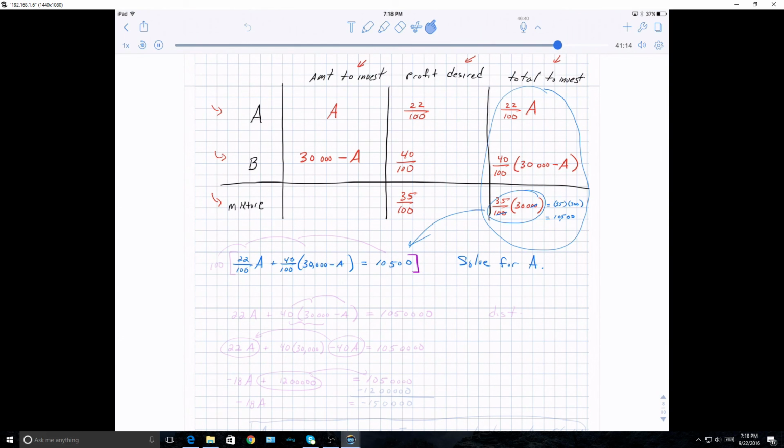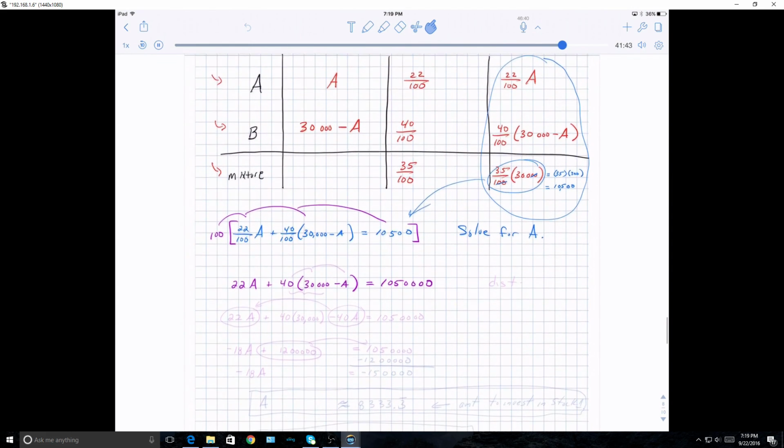So we could multiply this whole beast by 100 because we're dividing everything by 100, which then tells us that 22A plus 40 of this beast must be equal to this beast. Now what am I going to do? Well, it's 10,500, but it's times this 100, so I just have to tack on 2 zeros.